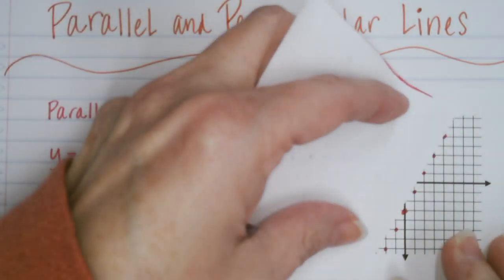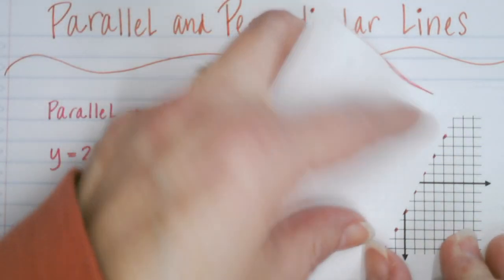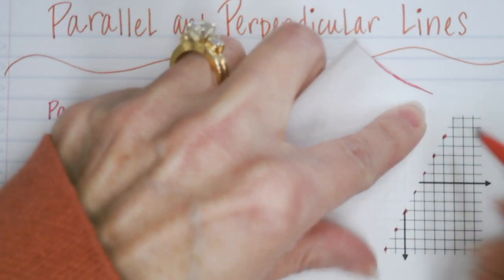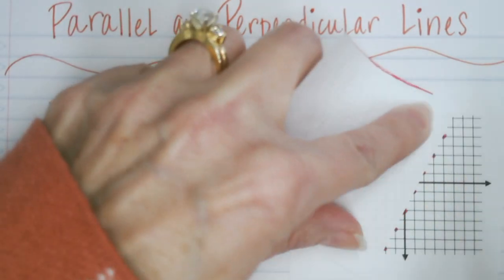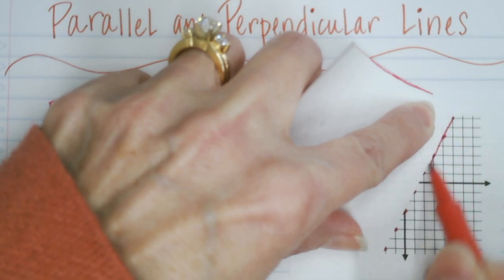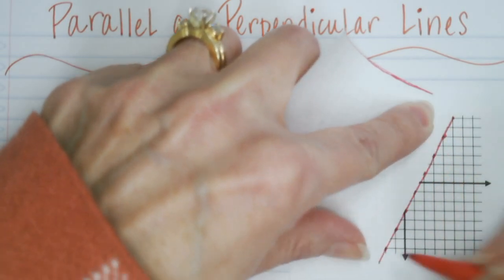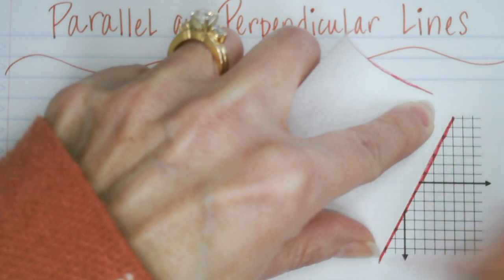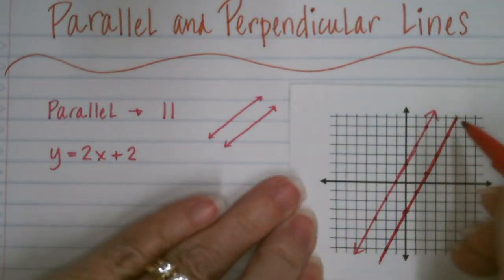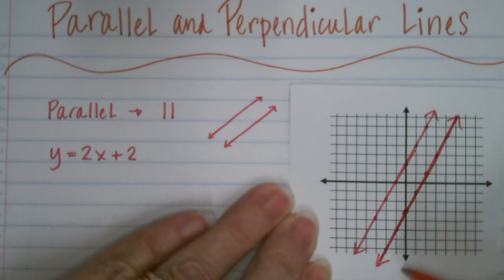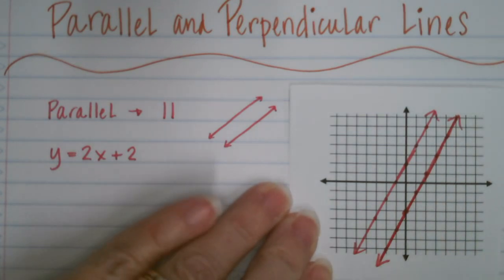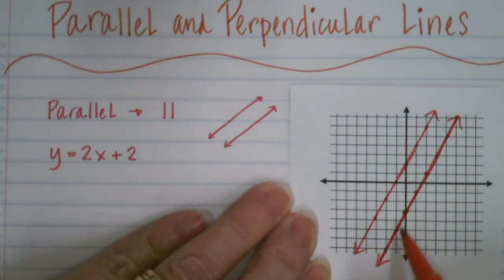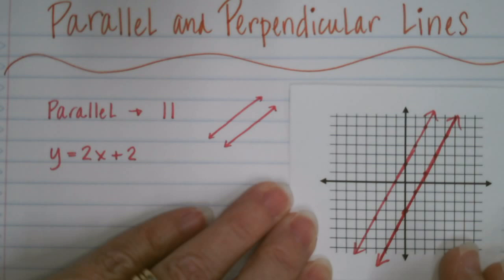So let me see if I can do a better job of drawing this one here. So lines that are parallel move at the same rate or the same pace, which means that the slopes are the same.